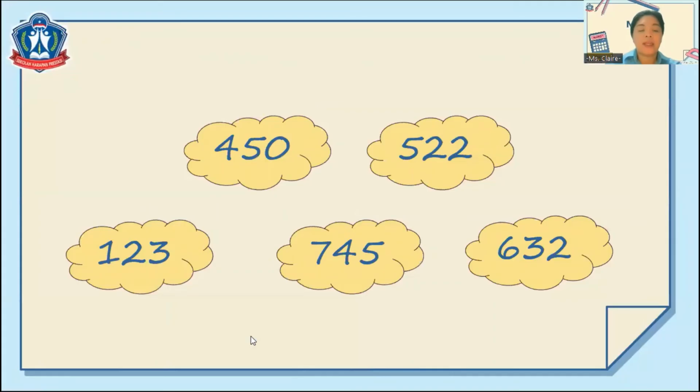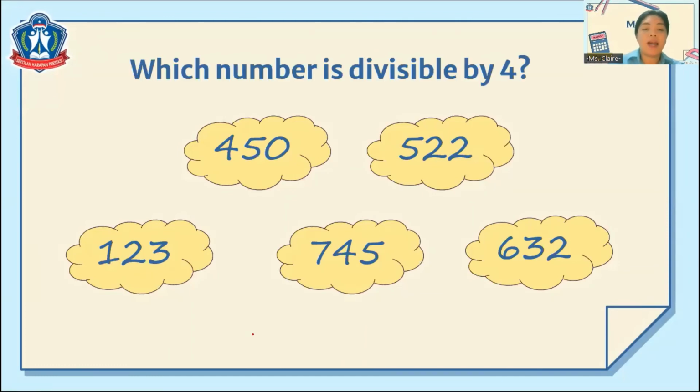Now, I have here 5 numbers, children. Which number is divisible by 4? Okay, do you remember how to find if a number is divisible by 4? By simply looking at the last two digits of a number.